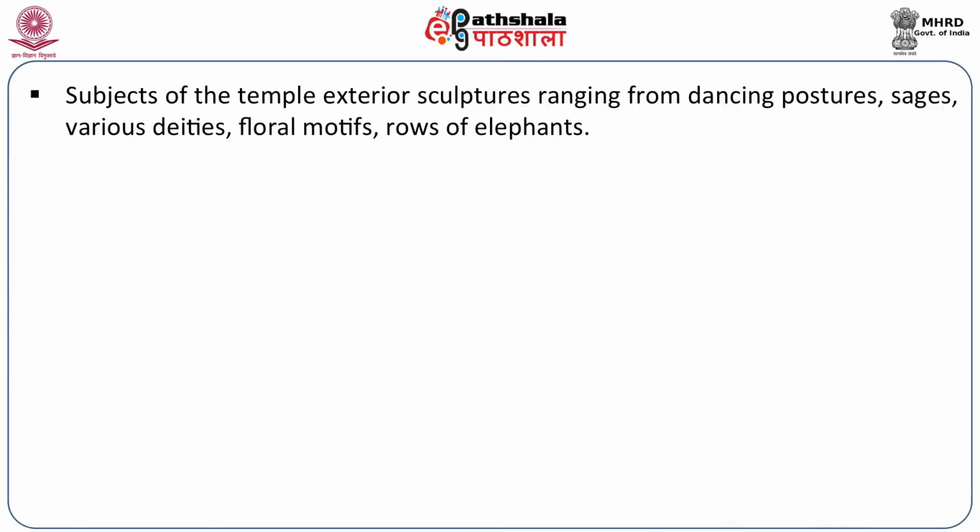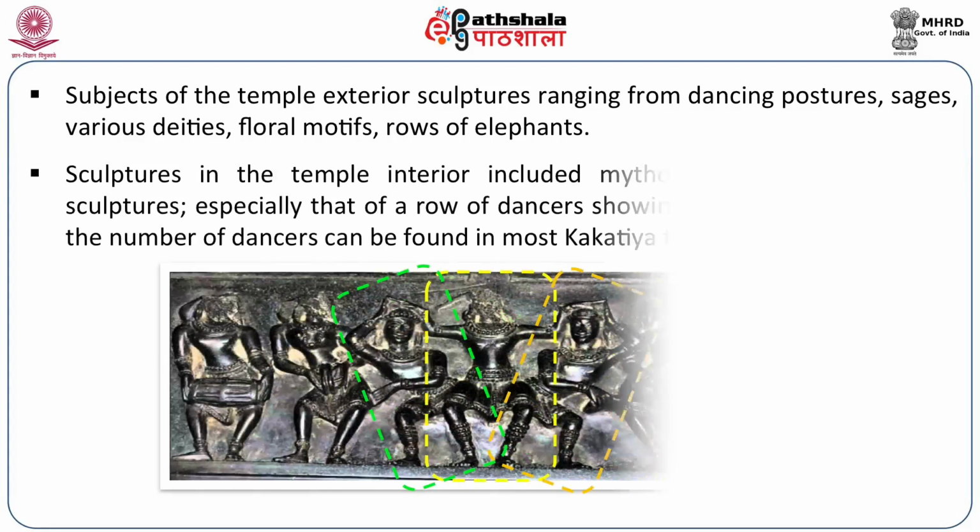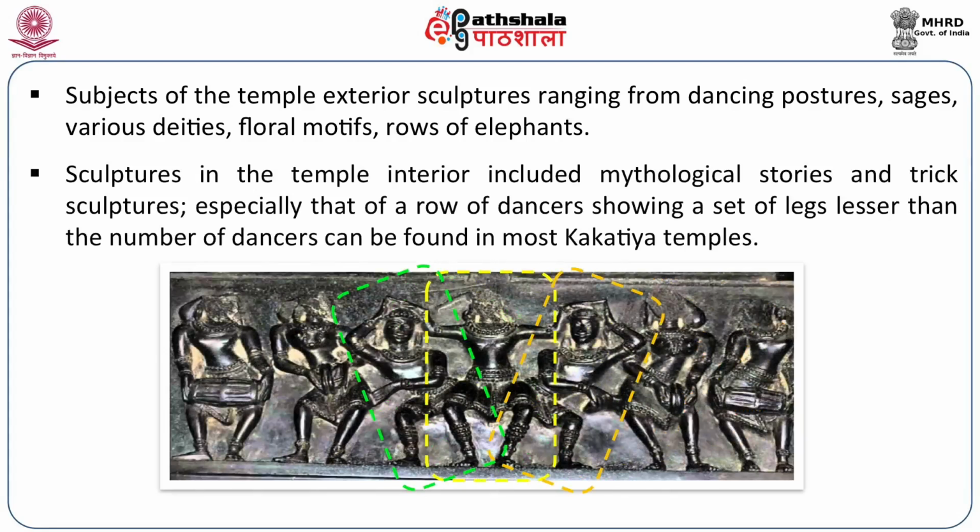Subjects of temple exterior sculptures range from dancing postures, sages, deities, floral motifs, and rows of elephants. In fact, elephants are the most commonly seen animals on all the temples. Sculptures in the temple interior included mythological stories and trick sculptures.